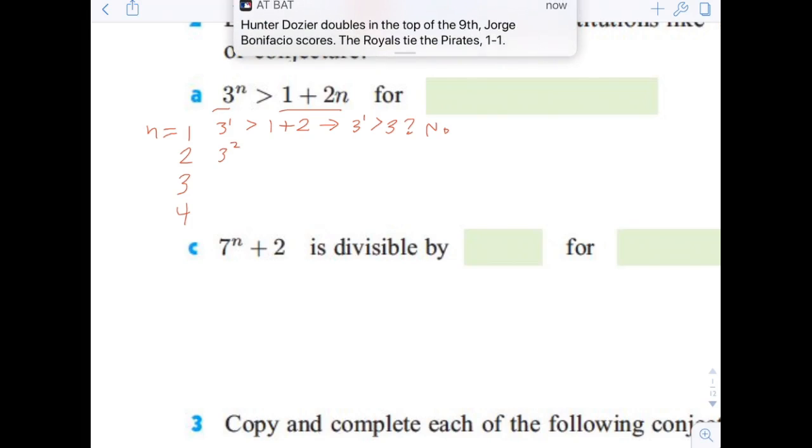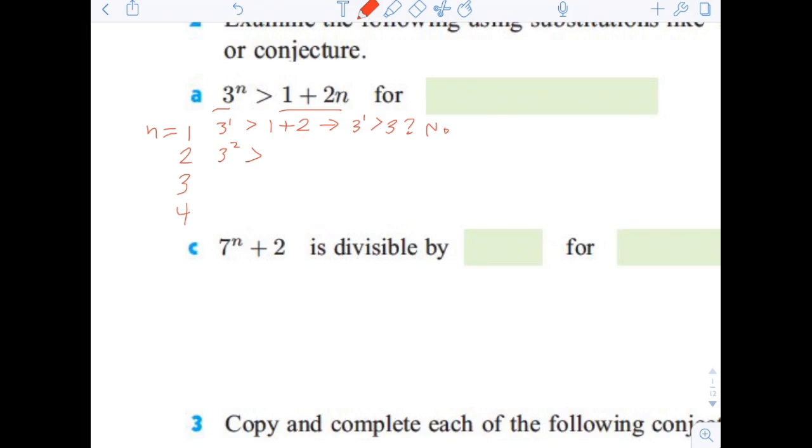3 squared is greater than 1 plus 2 times 2, which is 9 is greater than 1 plus 4, which is 5. Is that true? Yes, it is. Let's try another one. 3 cubed is greater than 1 plus 2 times 3, which is the same thing as 27 is greater than 1 plus 6, which is 7.